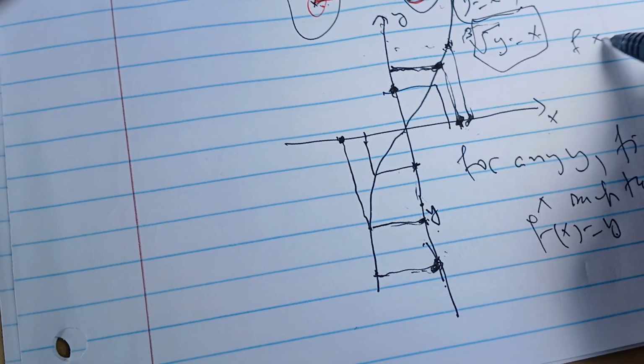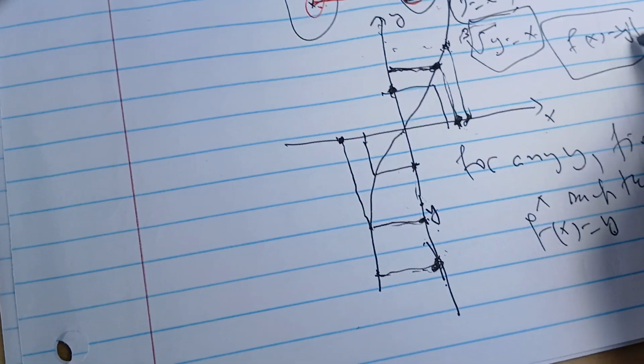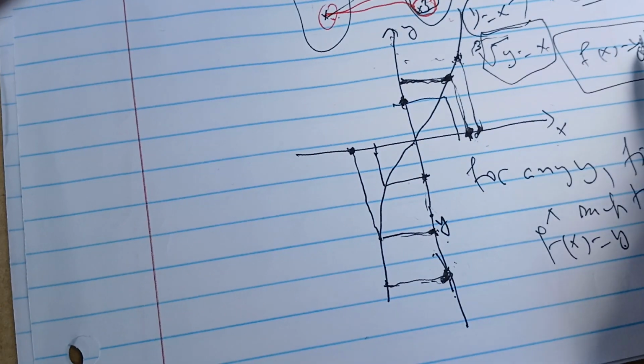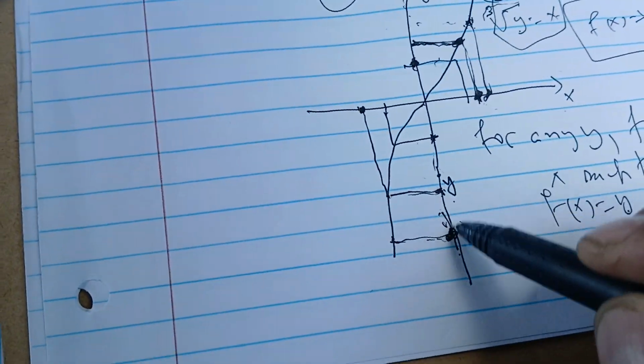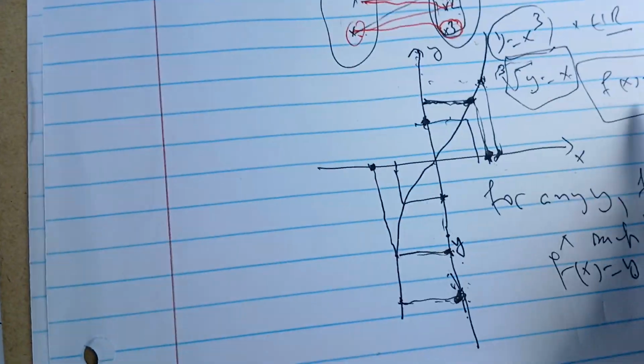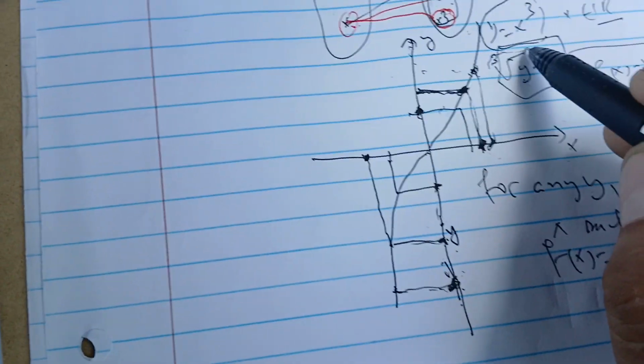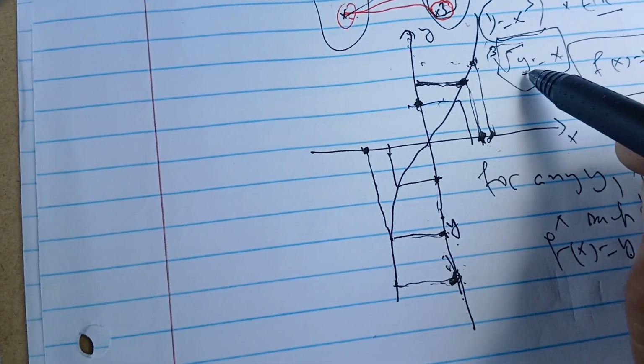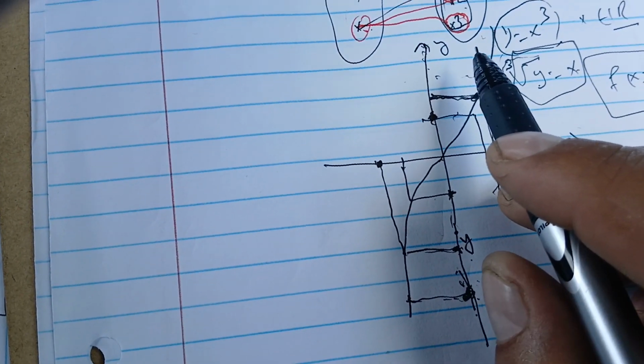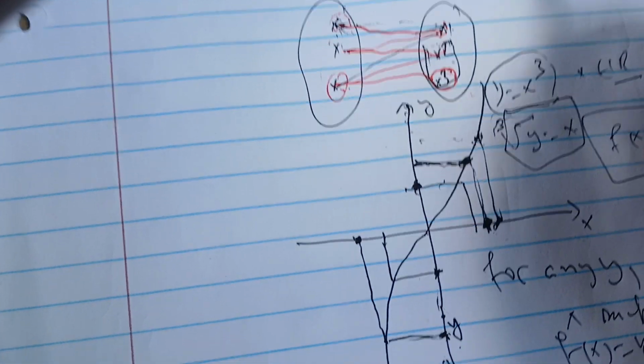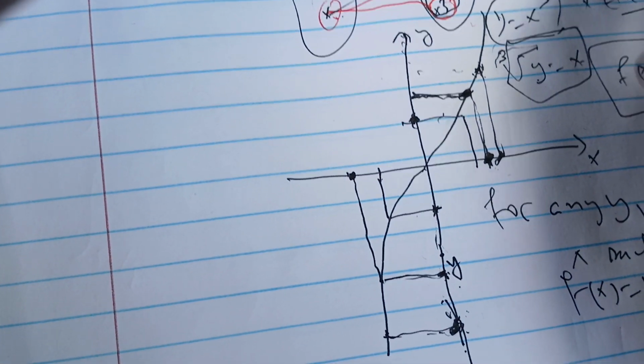For any y, there is an x, the cube root of y, such that f of x is y. Any window on the y-axis gets hit by a kid, the cube root of y. So we say that f is surjective.